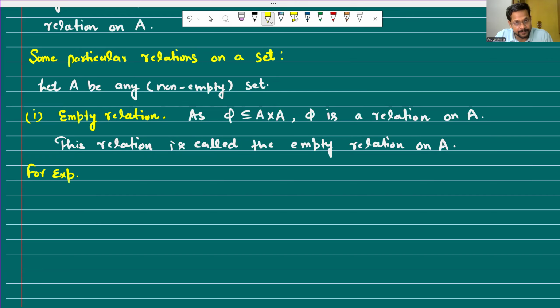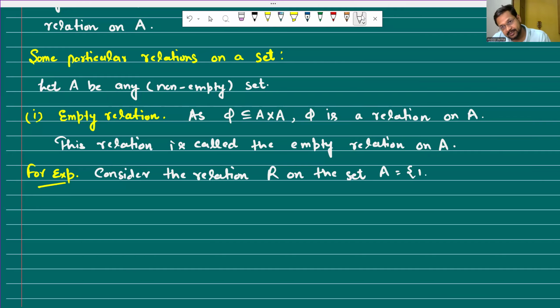For example, consider some relation on A. Consider the relation R on the set A, which has elements 1, 2 and 3, given by: (a, b) such that a and b belong to A, and we define a is related to b if a plus b is equal to 10.